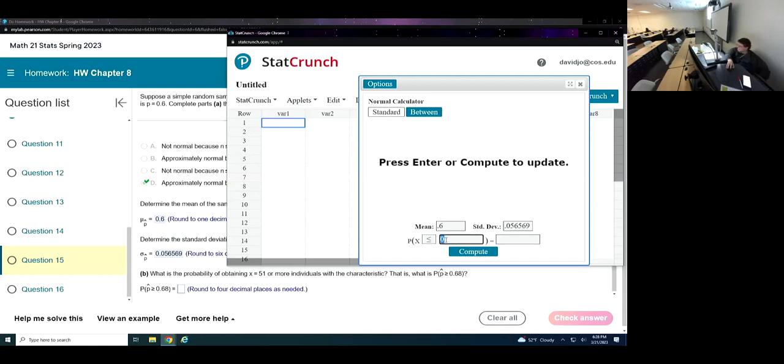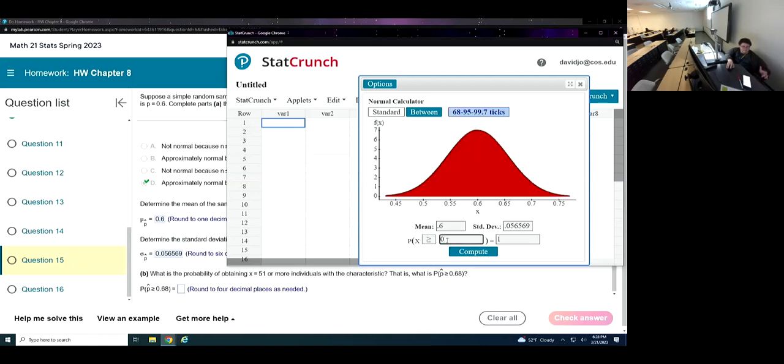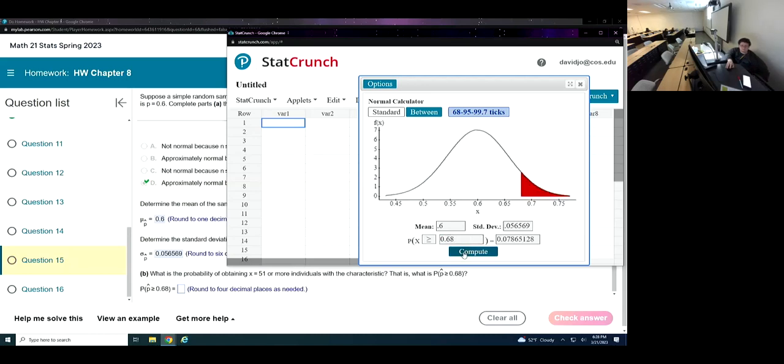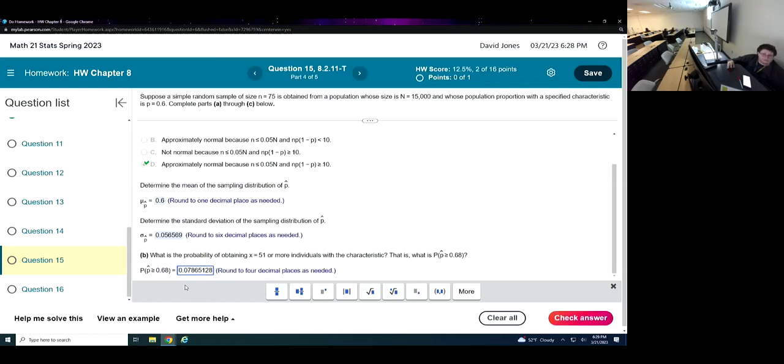I need the probability that P hat is greater than 0.68. Not a very big number. And it says round to 4 decimal places. I'll round when I get it, copy and put it over there. 0.0786 5... the 5 is telling me I have to round it up to a 7.